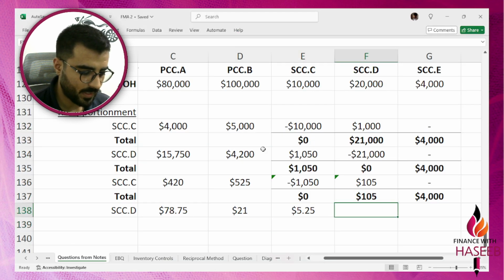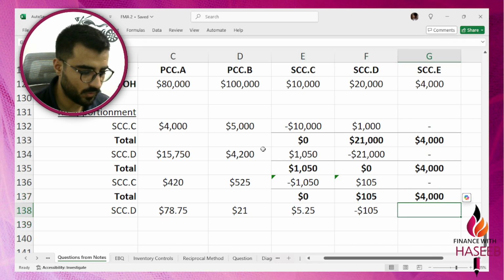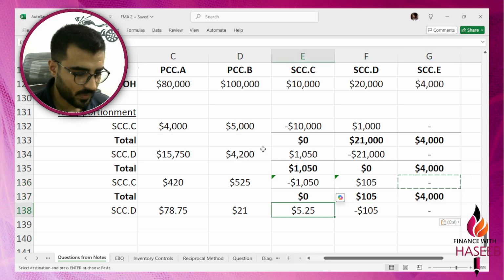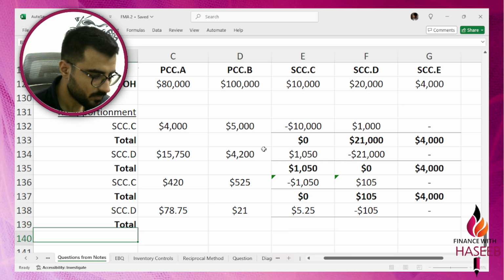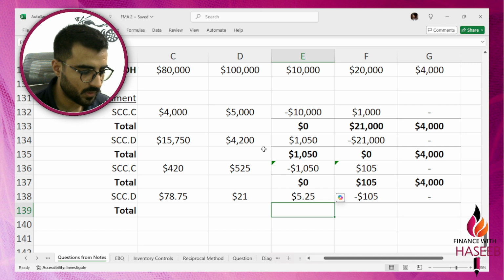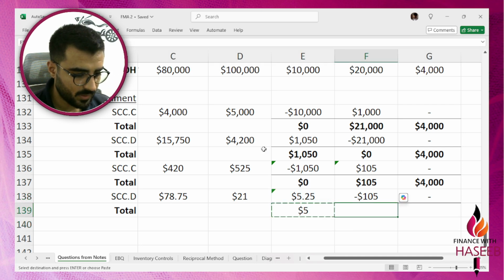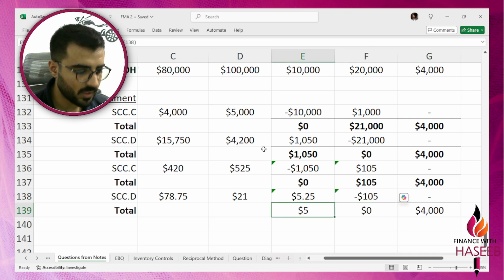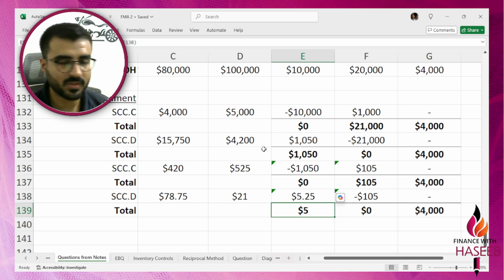Okay, and then here minus 105 and here no overhead. Okay, we will again find the total now. So the total is 0 plus this $5 and here 0. Okay, so now again we have got overhead of $5 to service cost center C.